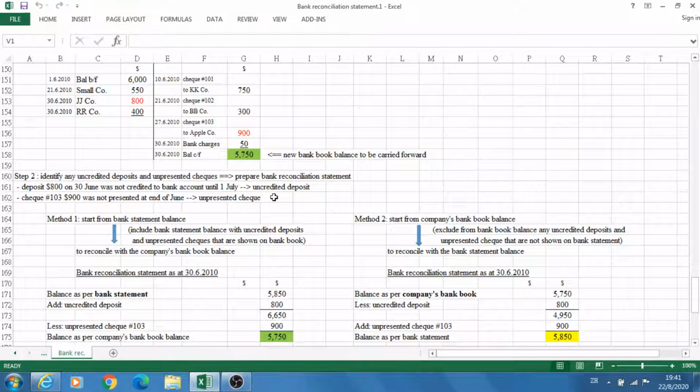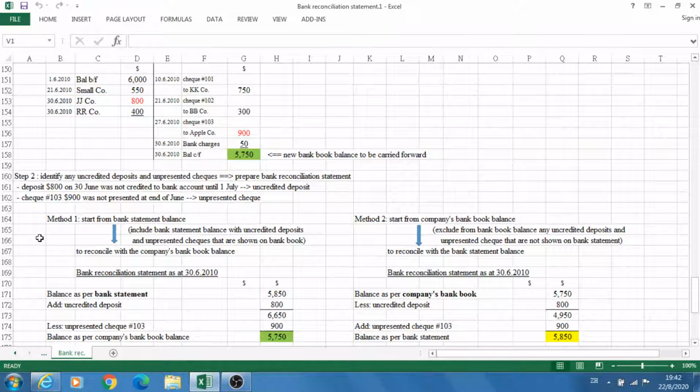This is the uncredited deposits. Check number 103, $900 was not presented at end of June. This is the unpresented check. Then prepare bank reconciliation statement with uncredited deposits and unpresented checks.